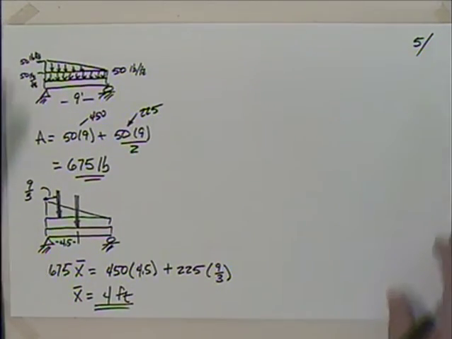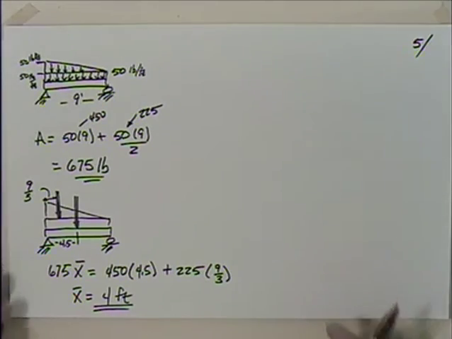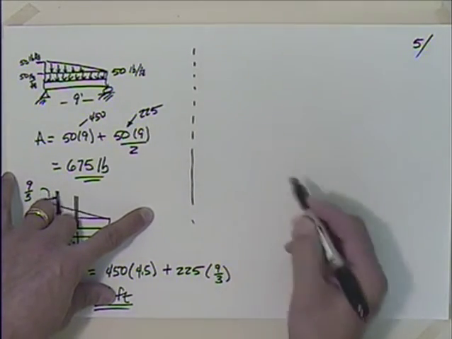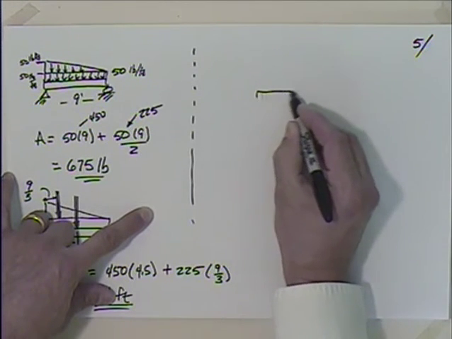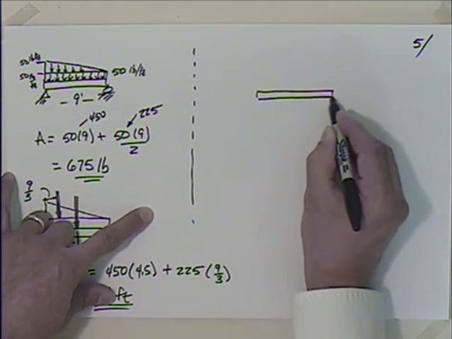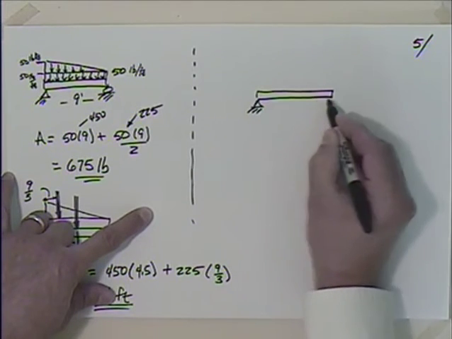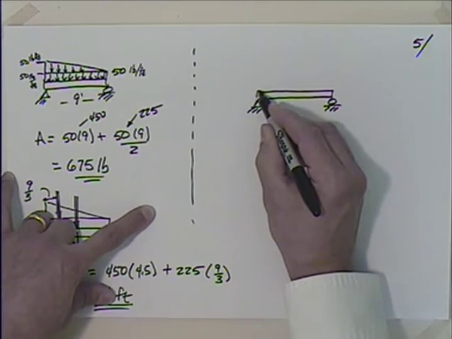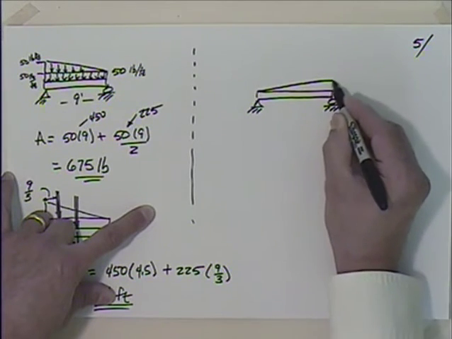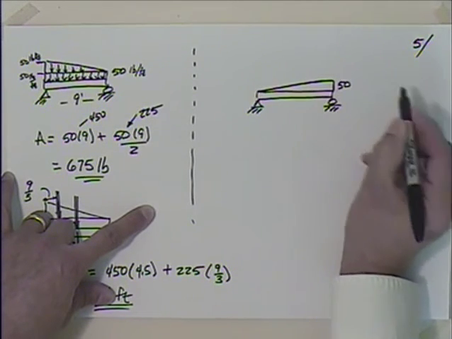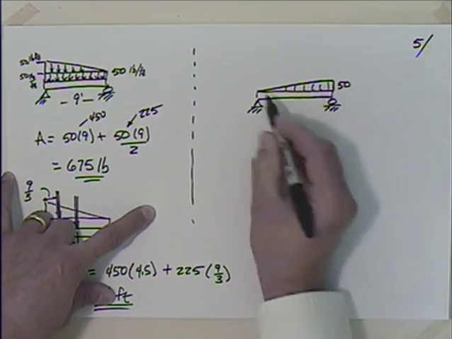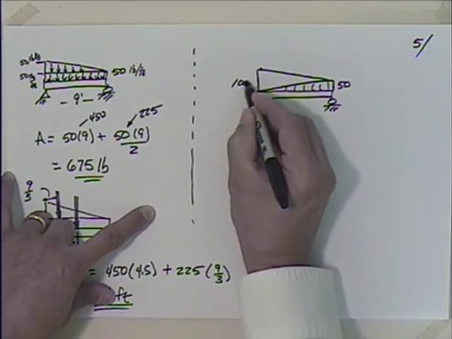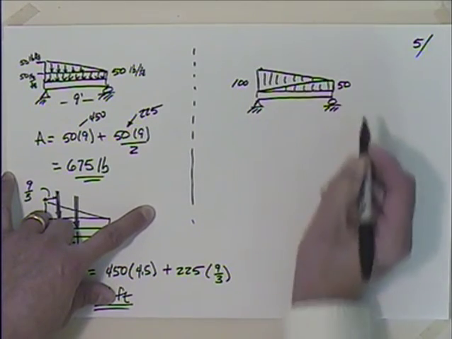Now, having said that, a lot of times civil engineers like to think of things as triangles. So let me try it again. I'm going to think of this thing a little bit odd. I'm going to think of it as a triangle here where this side is 50. And I'm going to think of it as a triangle that looks like that where this side is 100. Okay.